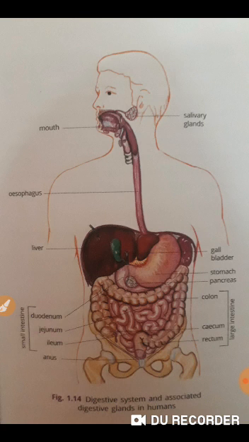The food, we can say chyme, because chyme was formed in the stomach. That chyme is conveyed to the duodenum. In the duodenum, if there are a few things which are not digested in the stomach, they are digested in the duodenum.